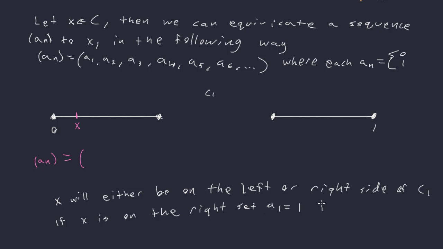If it's on the left, set a1 to 0, since what we're saying is it's closer to 0. So in this particular example I just looked at, x is on the left side, so a1 will be 0. Okay, now we're going to ignore this piece and just look at the remaining piece. And so we'll remove the middle third.